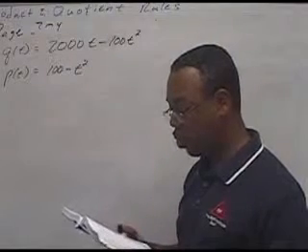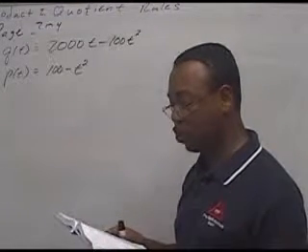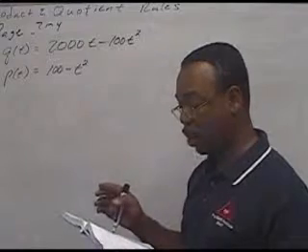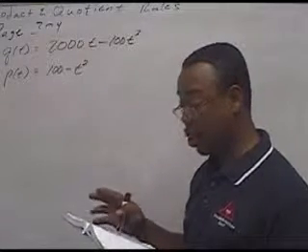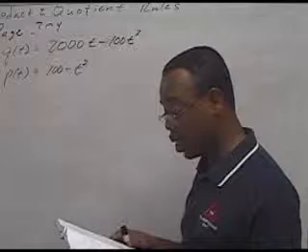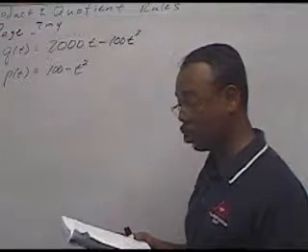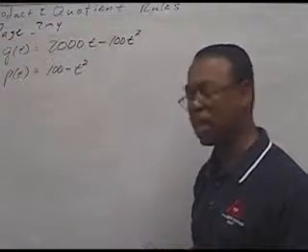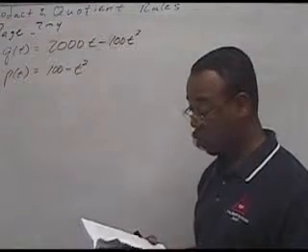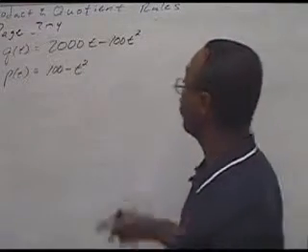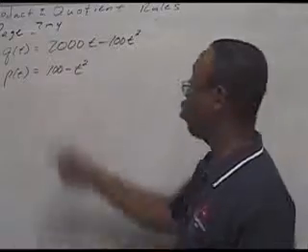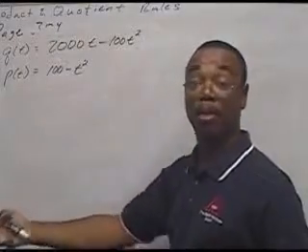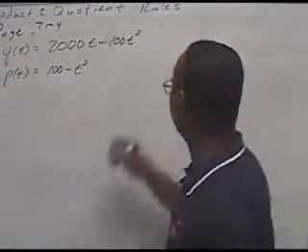Now, they say find the rate of change for sales, the rate of change of price, and the rate of change for monthly revenue 6 months after the introduction of iSun, and then interpret the answers. So what's the rate of change for the sales? Well, that's demand. Demand is sales, or how many items people are buying from you.